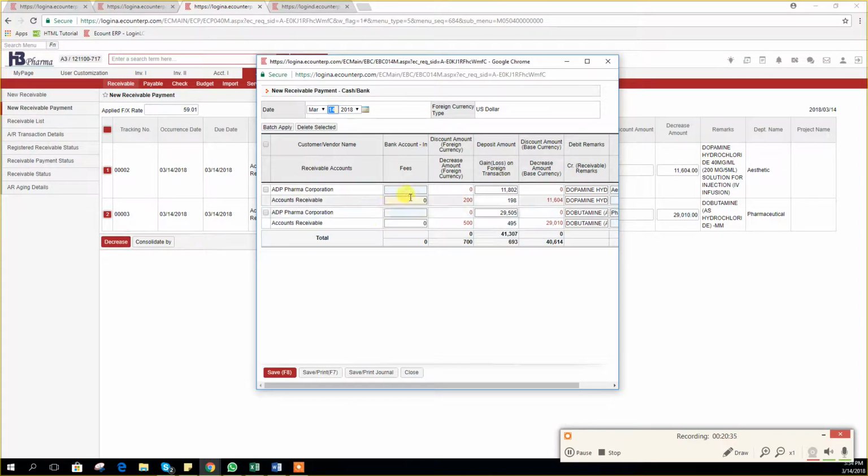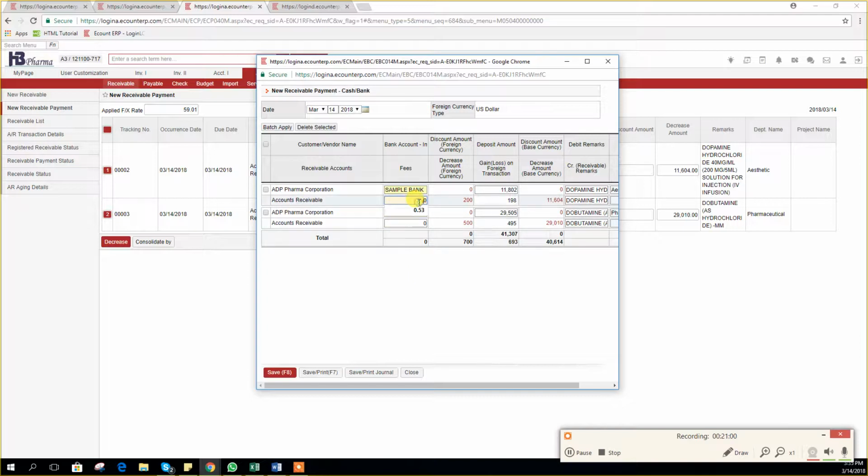So now we receive the money through the bank. Do you see something here? Let's just pick the sample bank. This bank is set up inside the bank setup that I showed you just now.